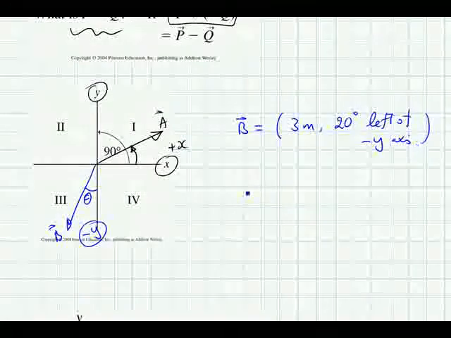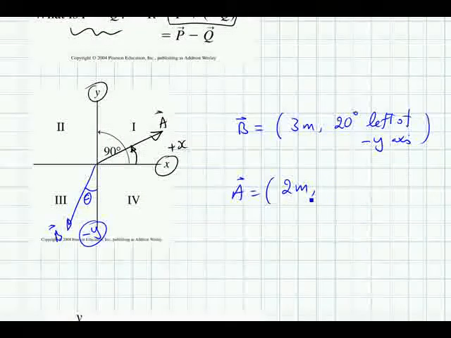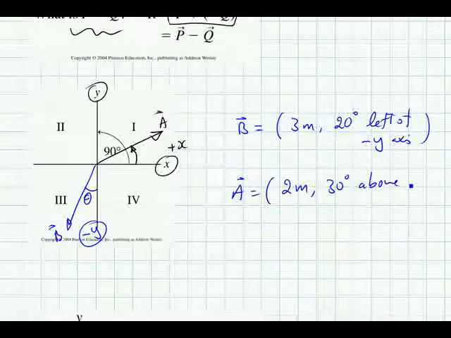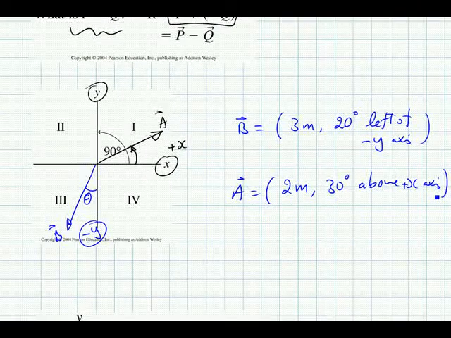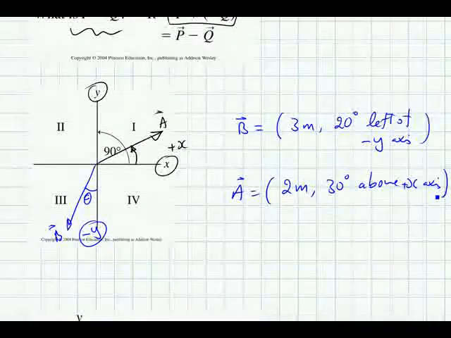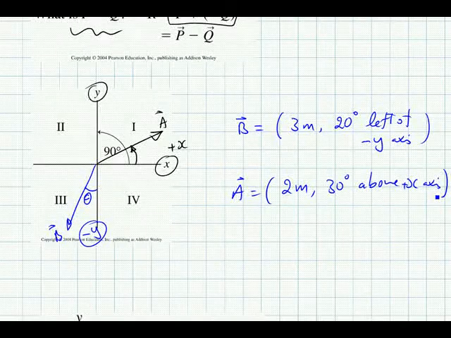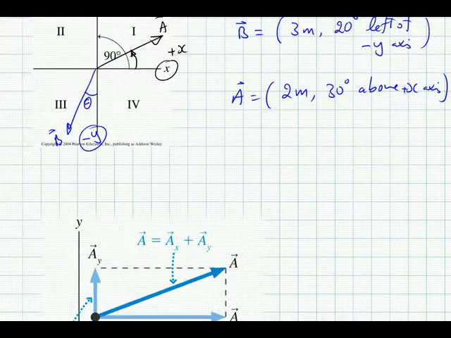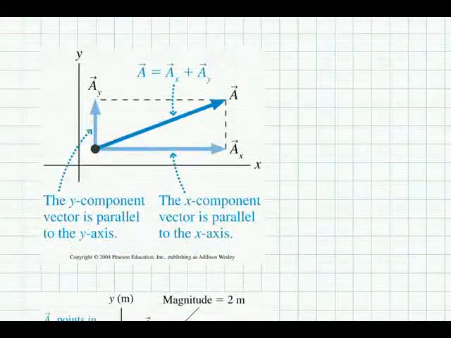Or in this case, a is, let's call this 2 meters long and is 30 degrees above the positive x-axis. So it is very important to clearly say with respect to which axis you are measuring the direction of the vector. Spell it out so that there is no ambiguity.